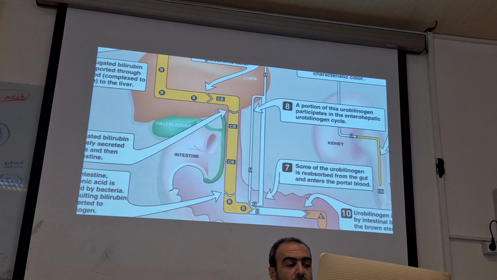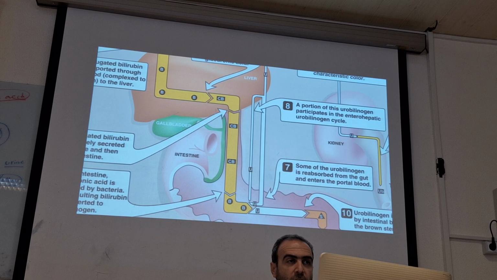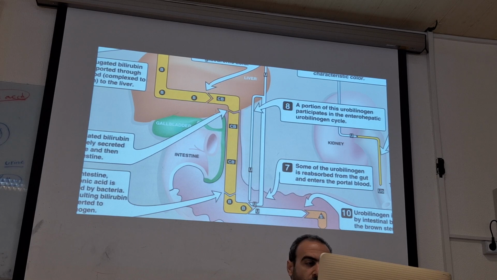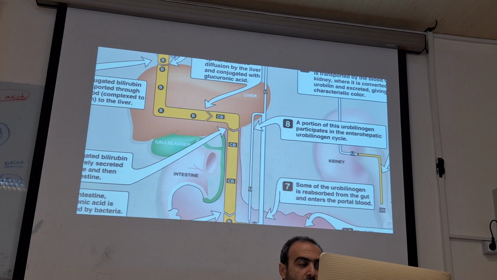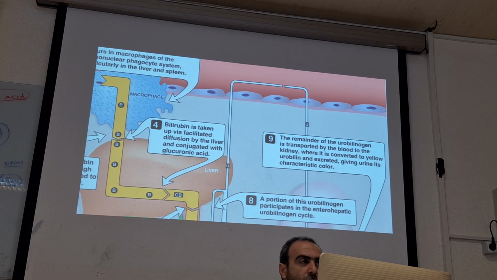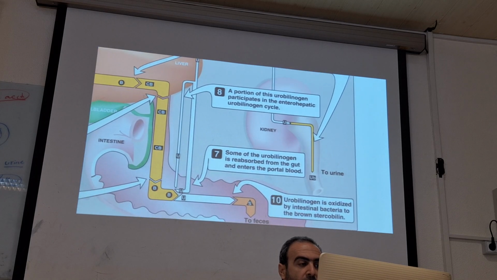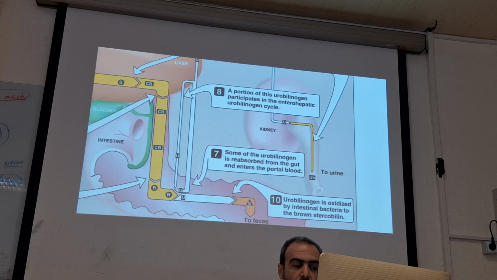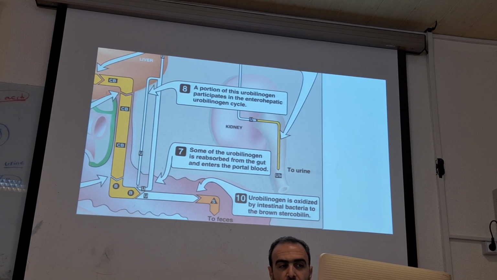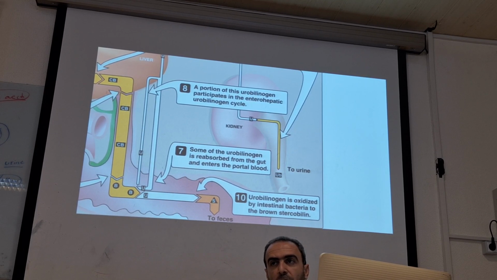There is a cycle, the enterohepatic cycle, between the intestine and the liver for urobilinogen. Some of it is absorbed by the liver, and near 10% goes back to the intestine. But near 15% is sent to the blood circulation to the kidney, and in the kidney it is converted to urobilin. Urobilin is excreted in the urine and is responsible for the yellowish color of the urine.